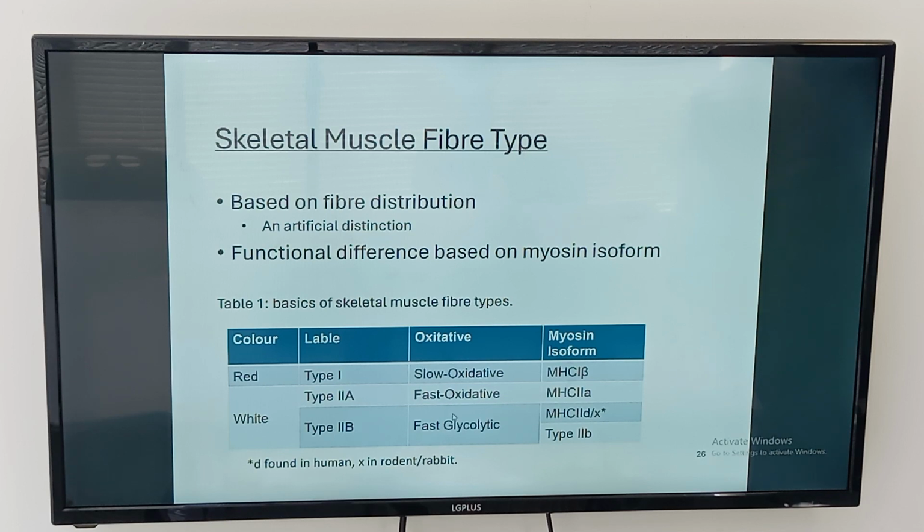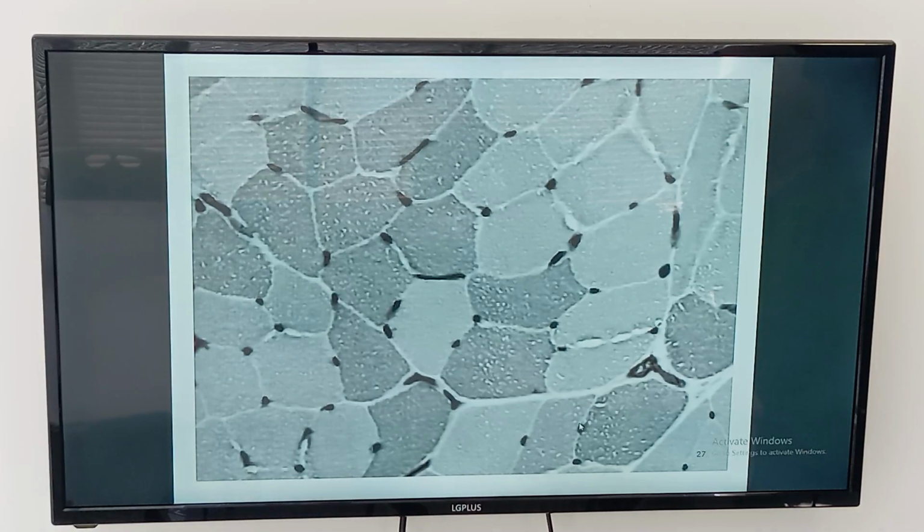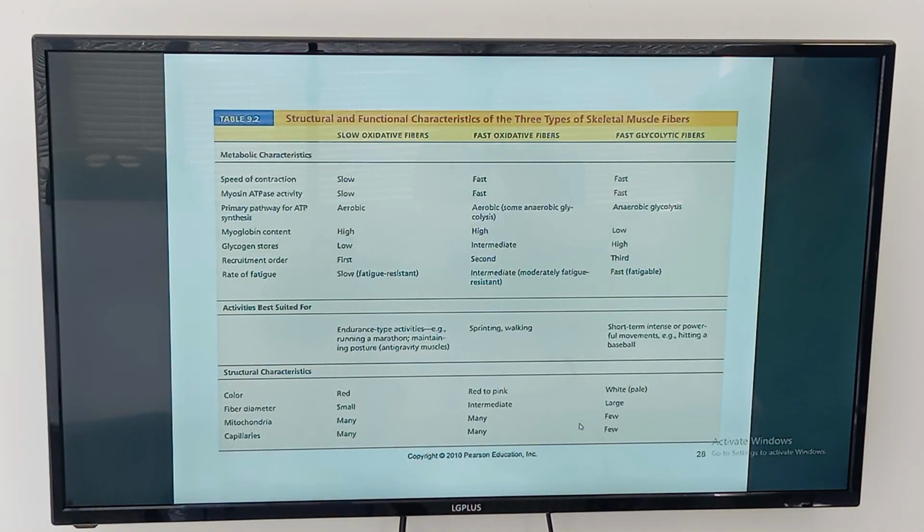Type 2B is fast glycolytic. This will be used mostly by runners for short distance, because it will have less endurance for long distance, and it will become fatigued at a high rate.